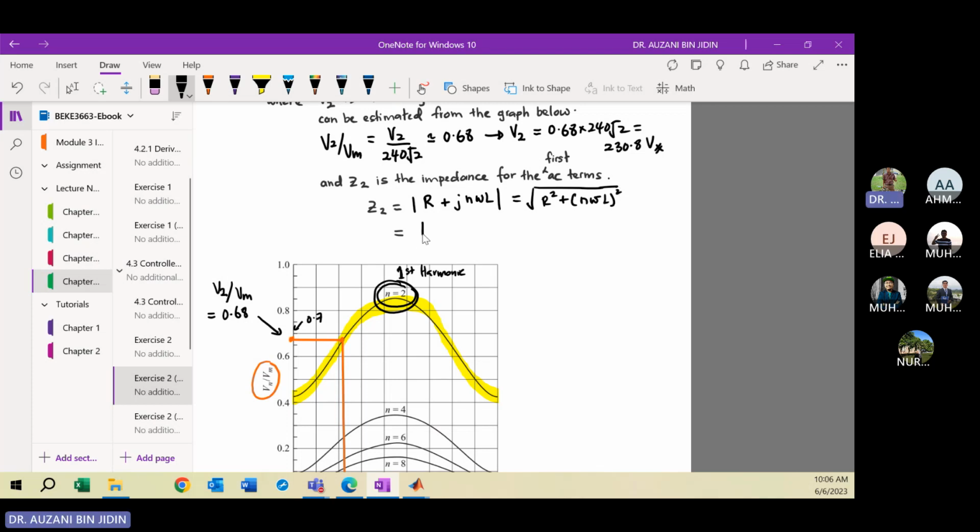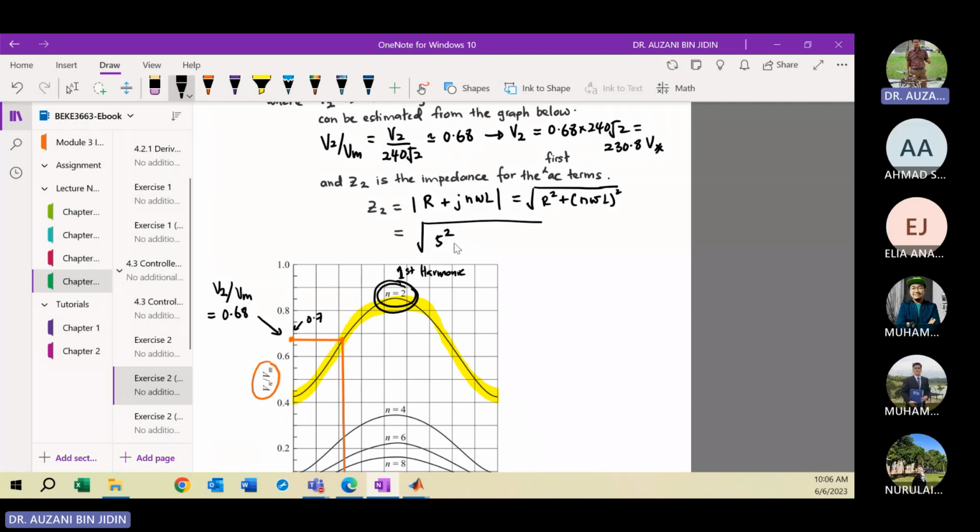Here you substitute the value R is 5 ohm. Please take note your n is 2. You multiply by omega, 2 pi f, where frequency is 60 hertz, and L. We need to solve for L here.